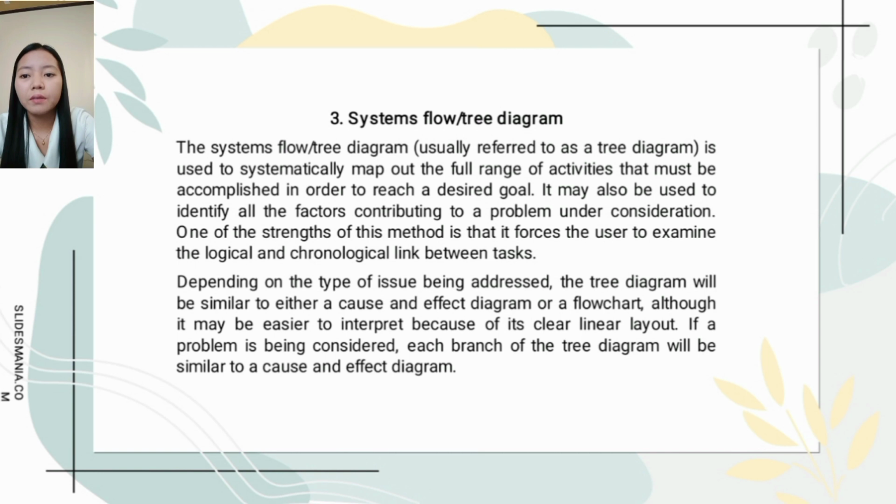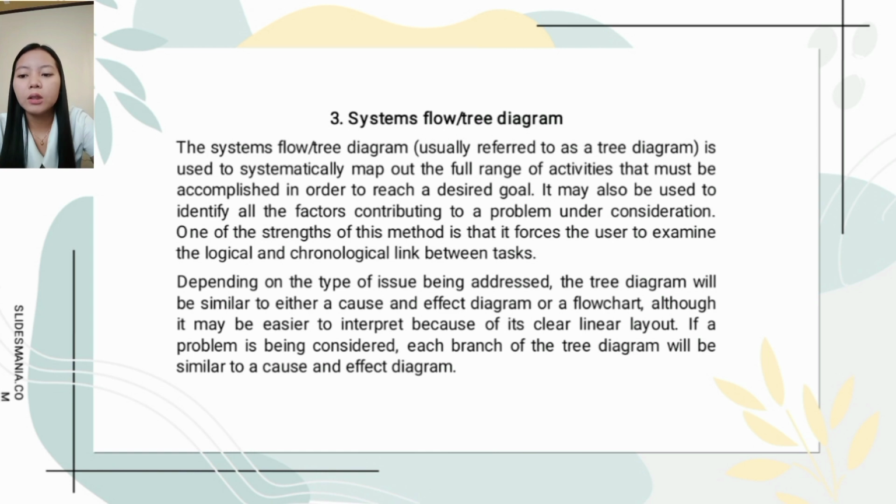One of the strengths of this method is that it forces the user to examine the logical and chronological link between tasks. And depending on the type of issue being addressed, the tree diagram will be similar to either a cause and effect diagram or a flow chart. Although it may be easier to interpret because of its clear linear layout, if a problem is being considered, each branch of the tree diagram will be similar to a cause and effect diagram.